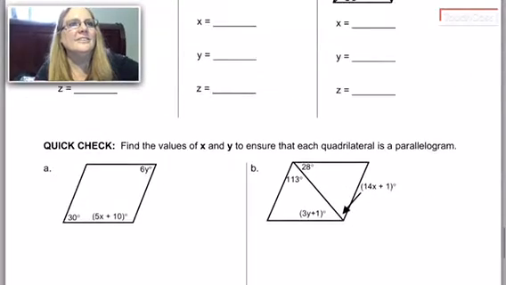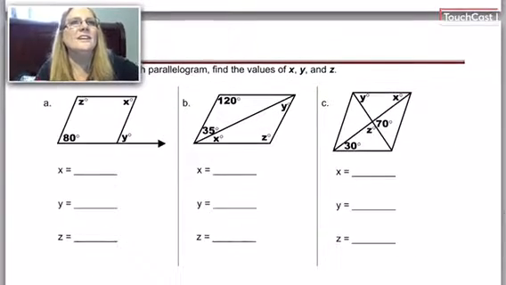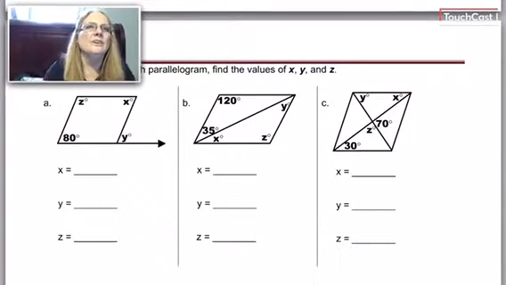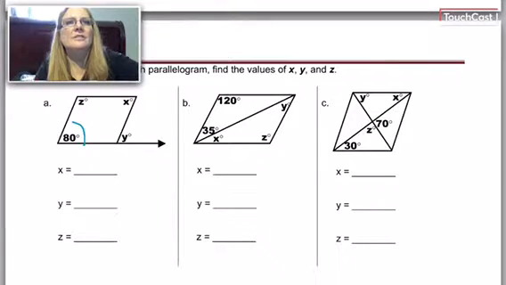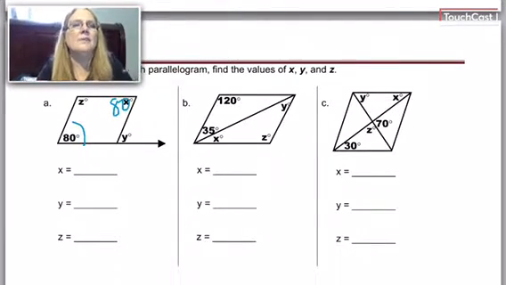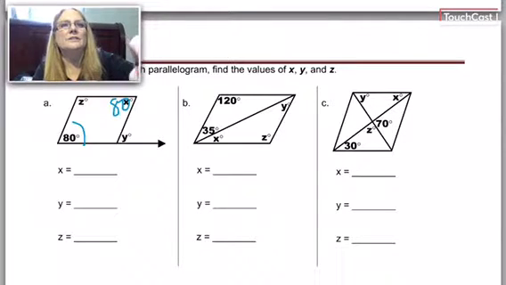All right. Great. Let's look at what's left. So let's go here. And this one here, we're going to be just filling in. It's a little easier, not as much on this one page. So if this one's 80, X is 80, because opposite angles are congruent. I would do Z next.